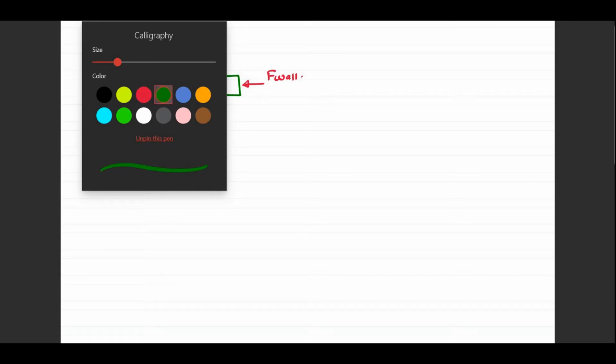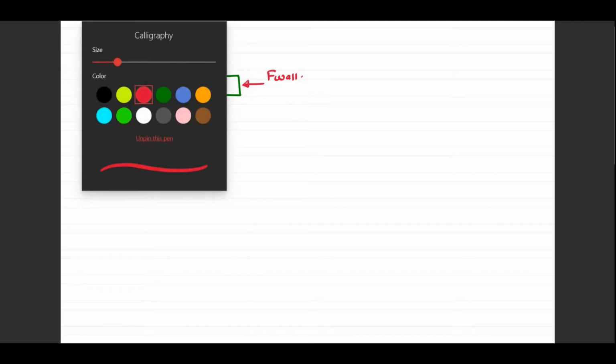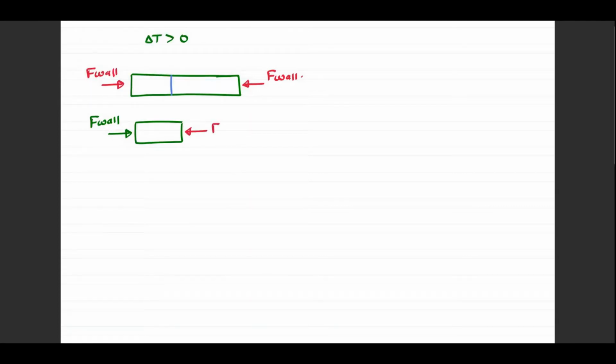Now, if I cut at any cross section and draw the FBD, that small cross section should also be at rest. So from here I can say FR is F wall, and remember I am equating only magnitudes. I have not put the vector sign, so only magnitudes.